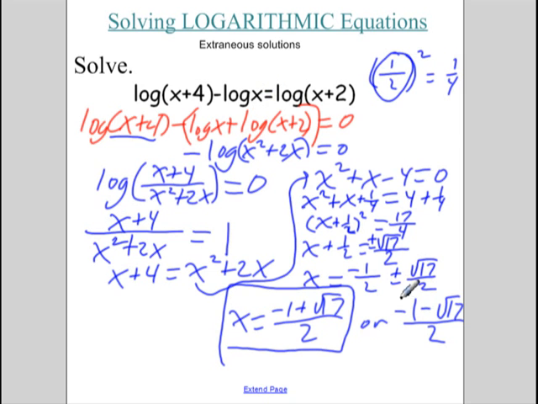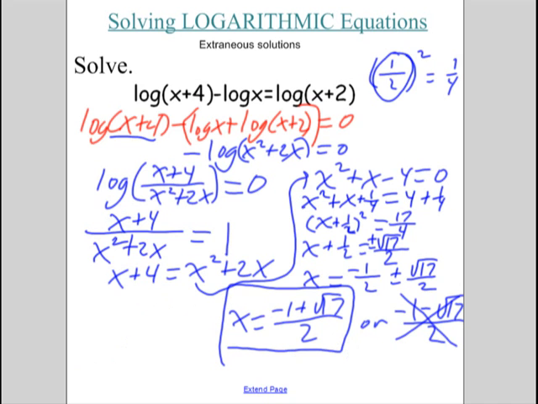So this is an extraneous solution. It does not actually solve our equation, so we have to reject it, and we're left with just this solution. And that is one example of solving a log equation with extraneous solutions.